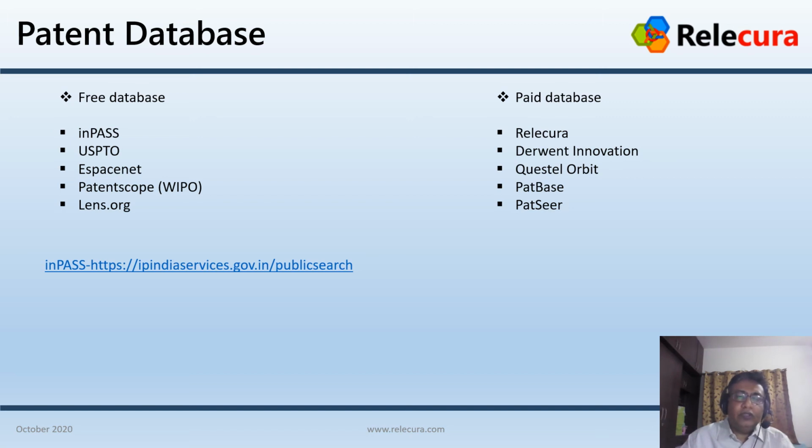Similarly, for the Australian patent database, you can search only Australian patents, or Chinese or Japanese patent databases respectively, except eSpaceNet, Patent Scope and lens.org. Another challenging part in using free databases is that they are not that user friendly, and regular update of data is not available.